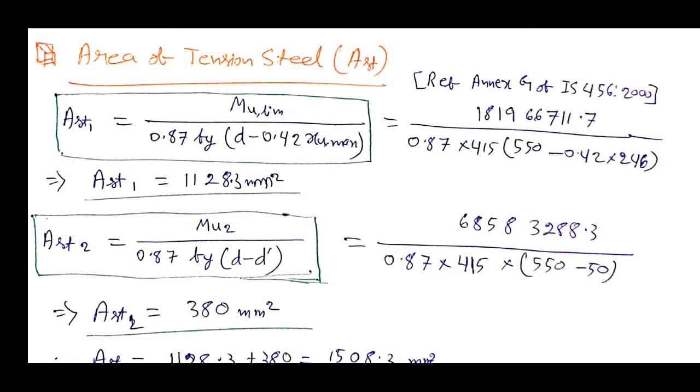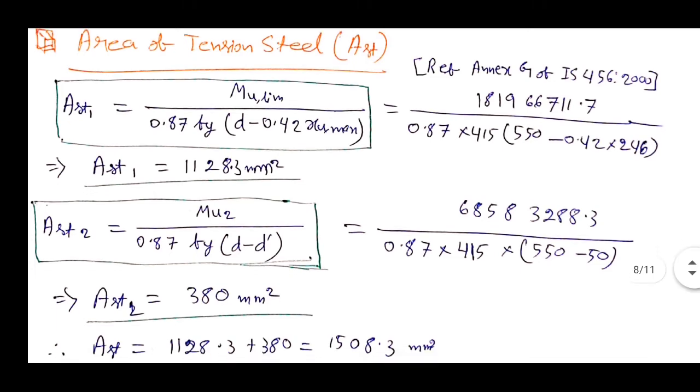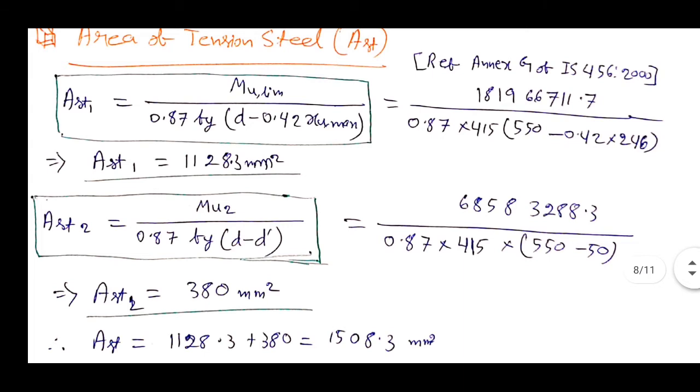So we have AST1 for the limiting moment and AST2 for the additional moment. So total AST is AST1 plus AST2. So 1128.3 plus 380 is equal to 1508.3 mm square. This is the area of tension steel required.